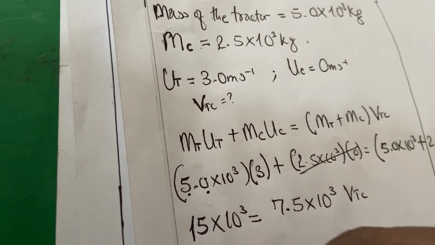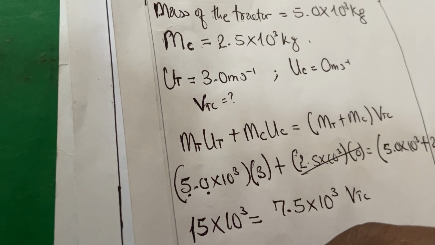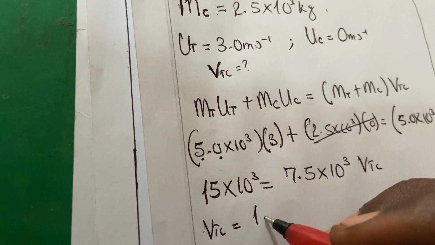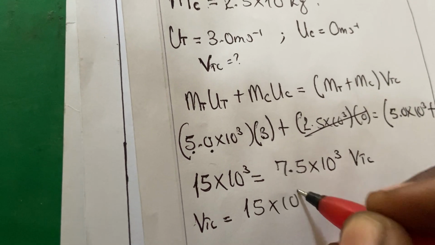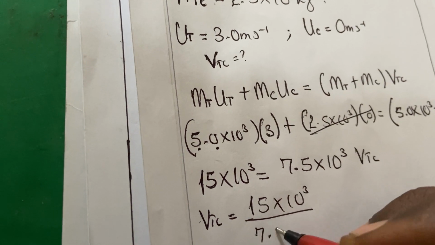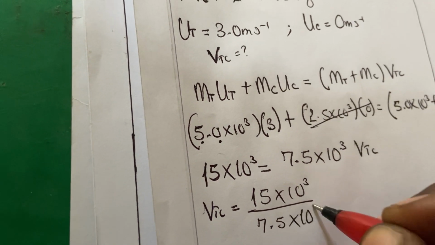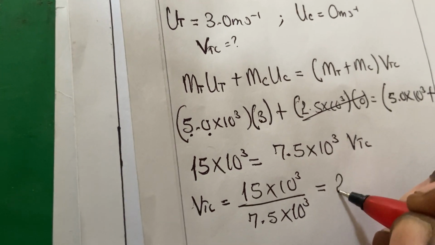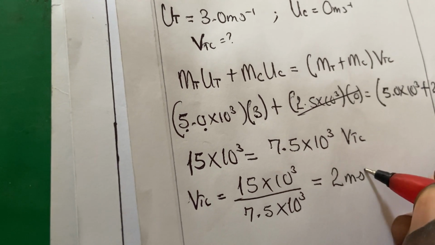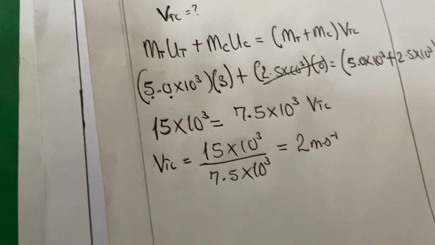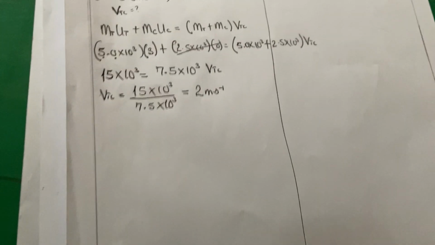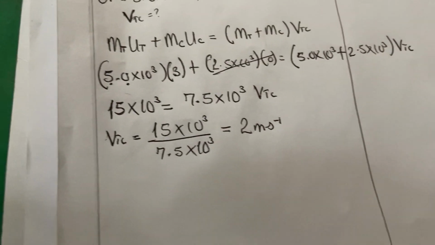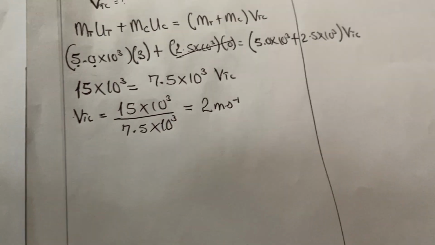So VTC equals 15 times 10 raised to power 3 over 7.5 times 10 to the power of 3. This should give me 2 meters per second. So this is the final velocity after collision.